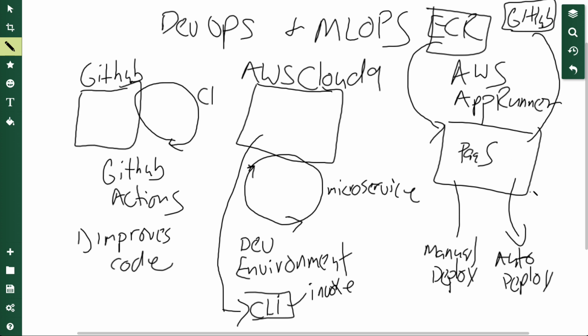We can even say as well that we use both FastAPI and Flask. We use two flavors, and we're able to use both containers, both GitHub, and both manual and continuous delivery.